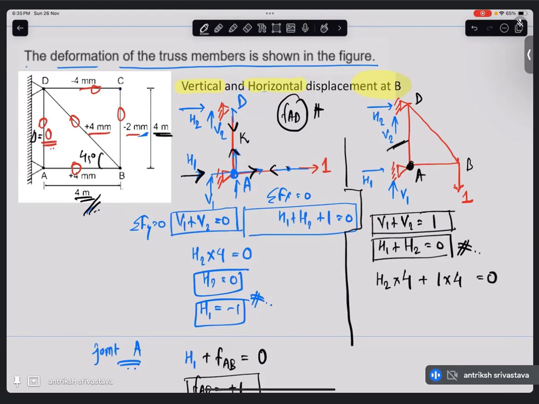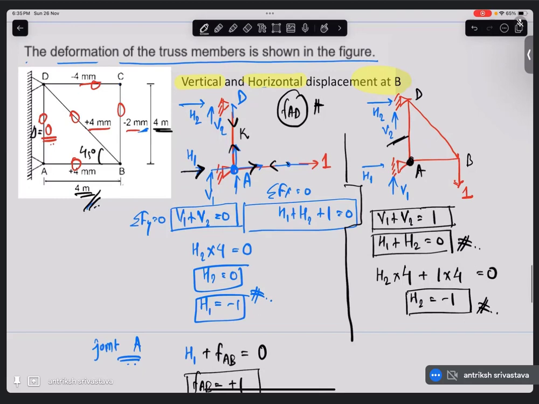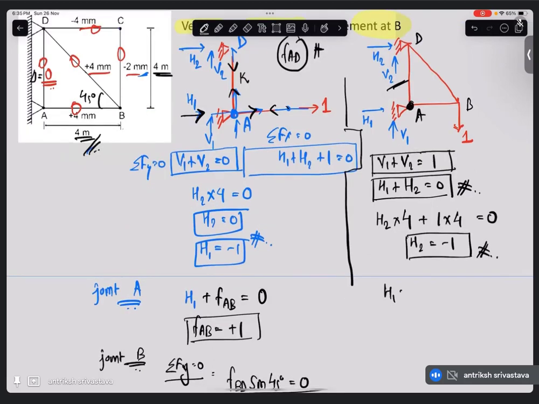V2 is passing through this point, so it won't create any moment. H1 and V1 also pass through this point, so they also won't create any moment. That means H2 is equal to minus 1, and H1 is equal to plus 1.